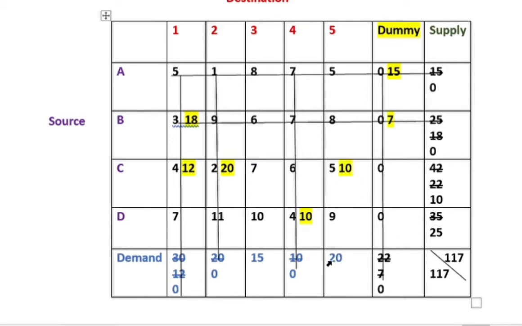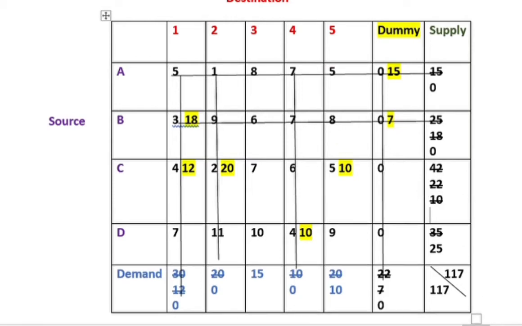So now 20 minus 10, that is 10 demand will be left here, and here 10 minus 10, that is 0. 0 supply will be left there. So this row will get cancelled now as 0 supply is left.